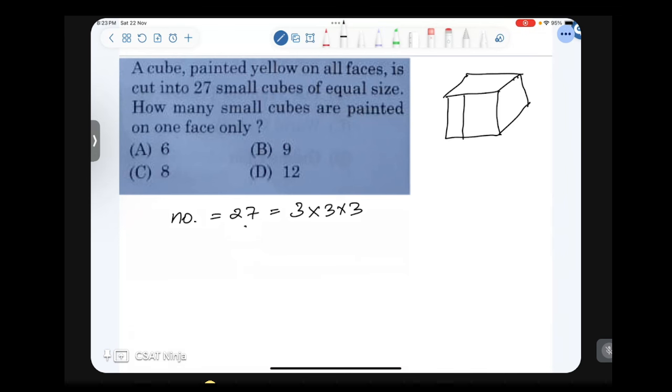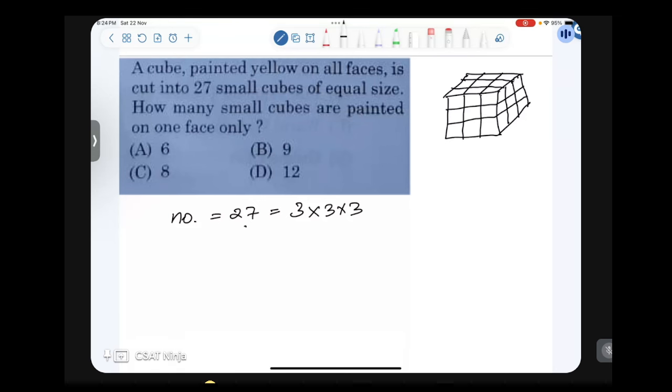which means I'll just divide this cube into three parts. 1, 2, 3, which means I can draw a line this way. And let's say I have another line, and one more line here, and another line here. One more line and two more lines.